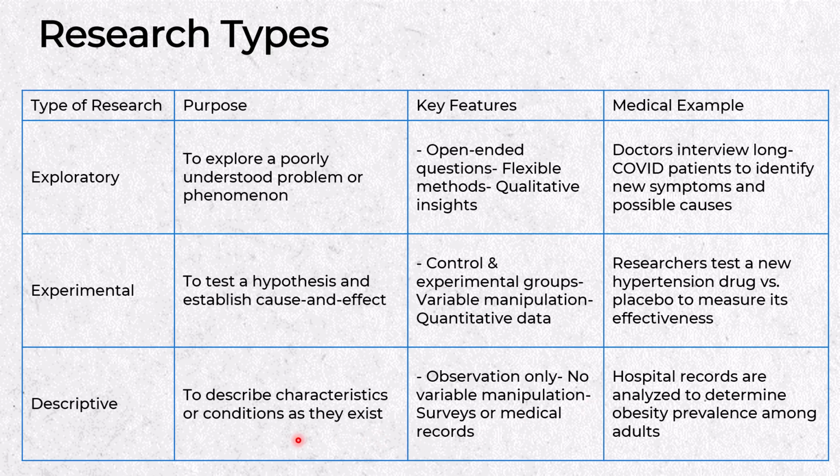And the third type here, descriptive, just describes characteristics or conditions as they exist. No variable manipulation. For example, here hospital records are analyzed to determine obesity prevalence amongst adults. That is descriptive research.